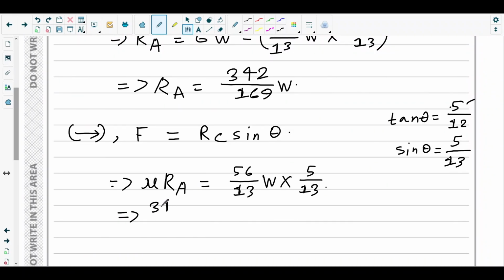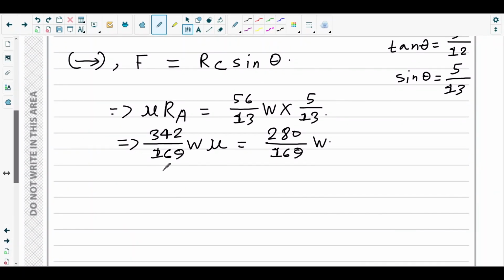So we got the reaction at A, 342/169 W times mu, which is equal to 56/13 times 5/13. That would give you 280/169 W. So W cancels out from both sides, and then multiply both sides by 169.